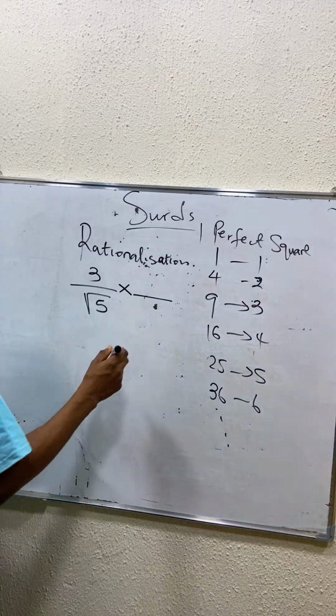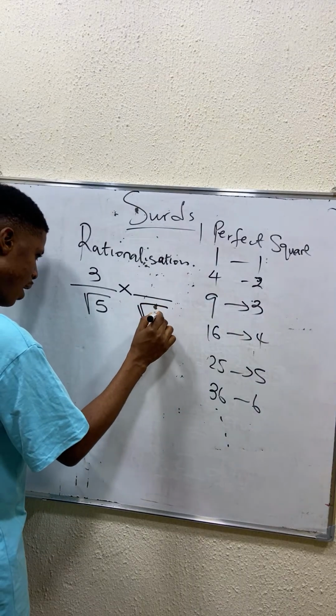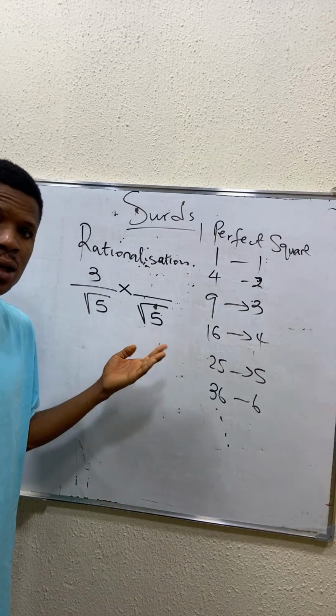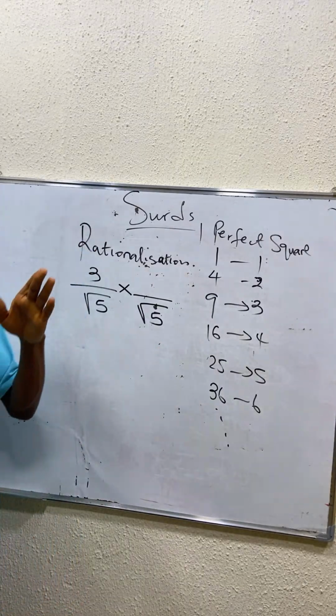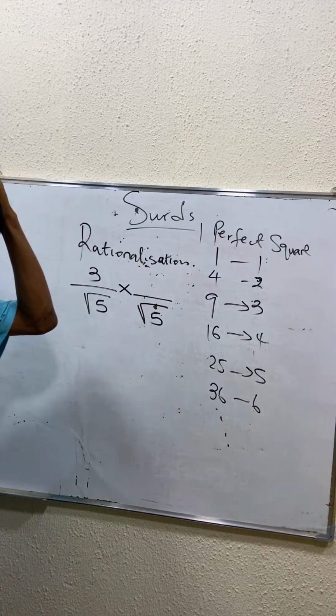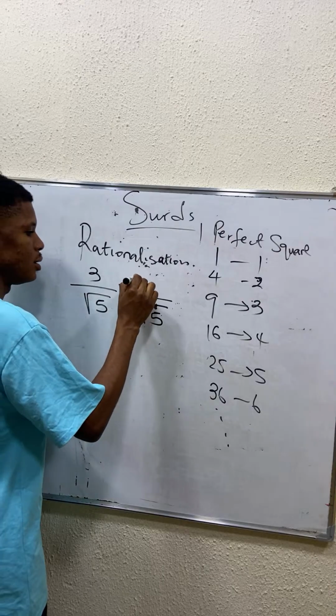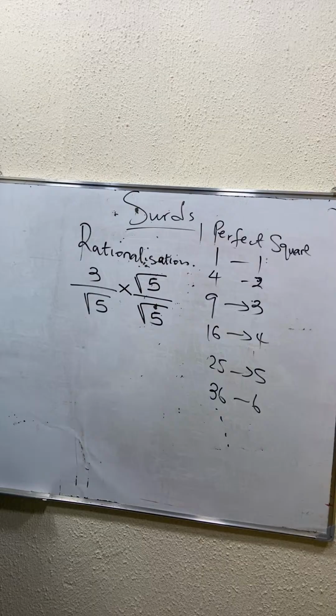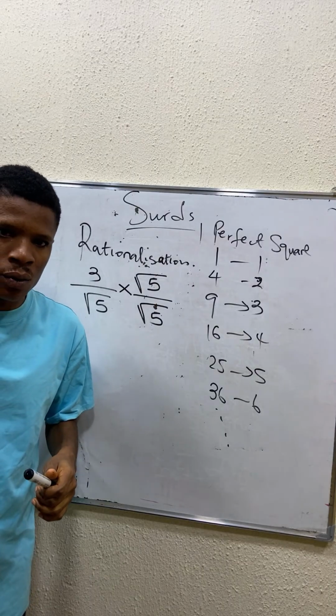If you multiply the denominator by root 5, then to maintain equivalency, you also have to multiply the numerator by root 5, otherwise you're actually cheating.